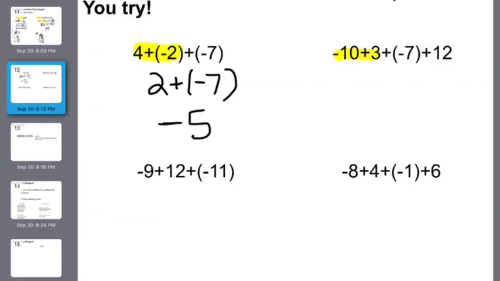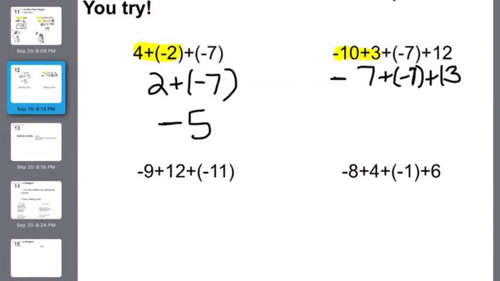Over here, breaking her down. Negative 10 plus 3. The absolute value of negative 10 is bigger than 3, so our answer will be negative. Bigger absolute value minus smaller absolute value. 10 minus 3 is 7. And then we're going to bring down everything else we got over there that we haven't touched. 7 plus 12.